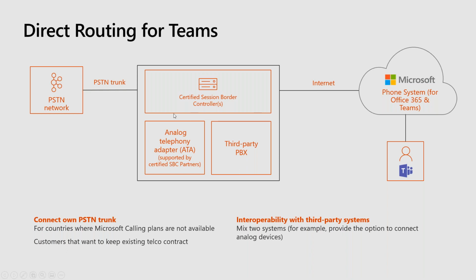So essentially everything you have in your organization, like emergency phones or doorbells, or you name it, all of those things can be handled by this session border controller. So essentially, we are connecting our own PSTN trunk to the PSTN network. So that means we can choose whatever carrier we want to connect to Microsoft Teams. So that's what we have as a choice.